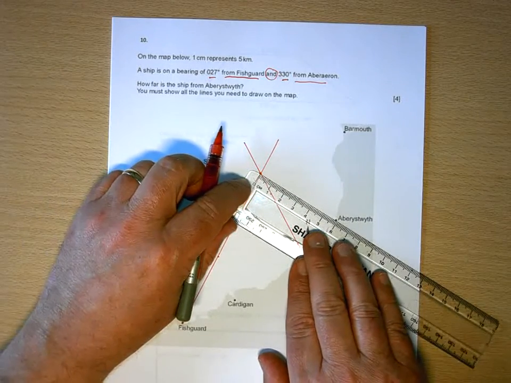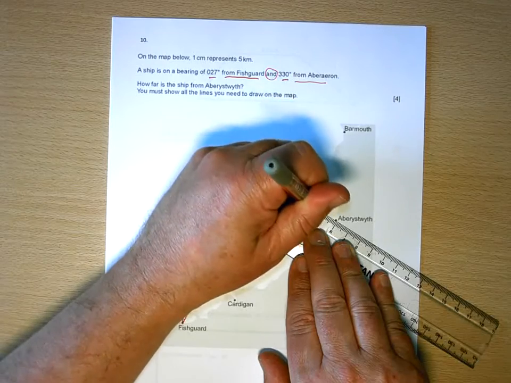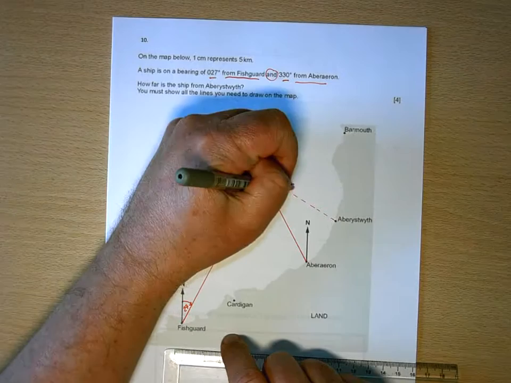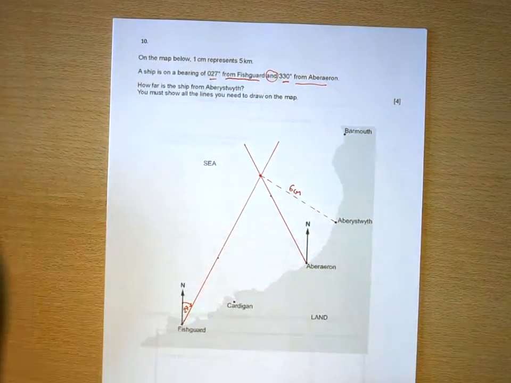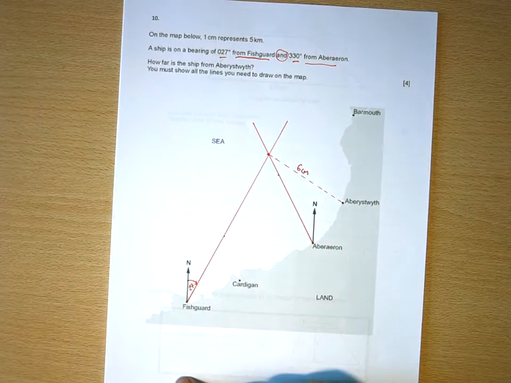So what I need now is to measure this distance, which you can see is 6 centimeters, and 1 centimeter represents 5 kilometers.